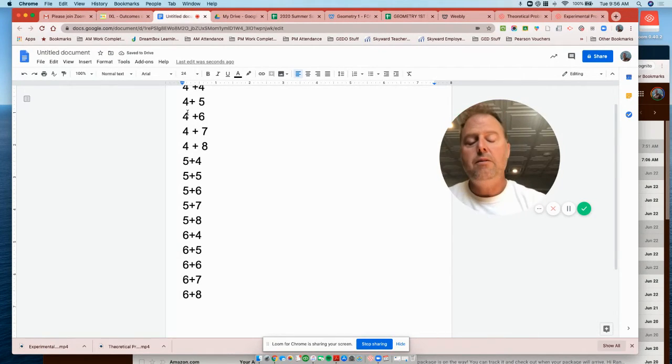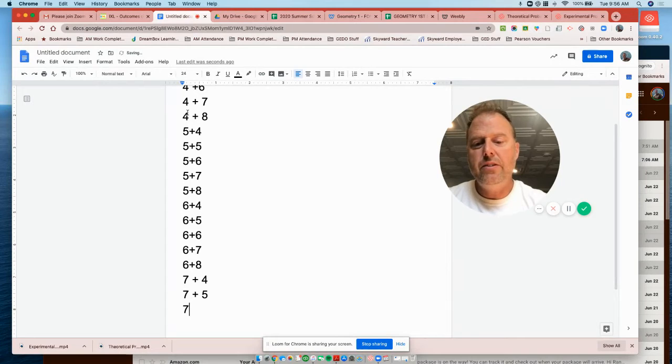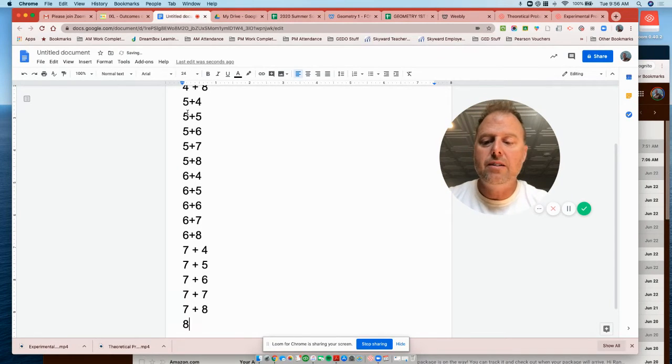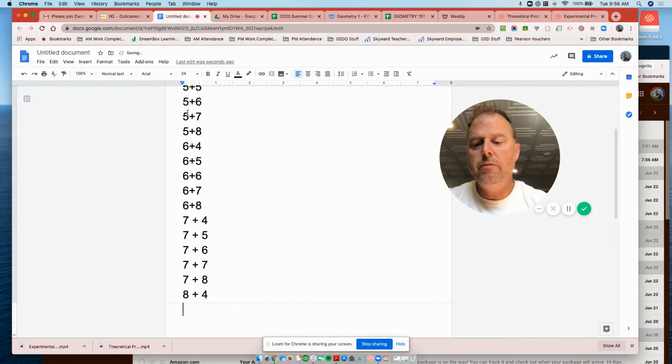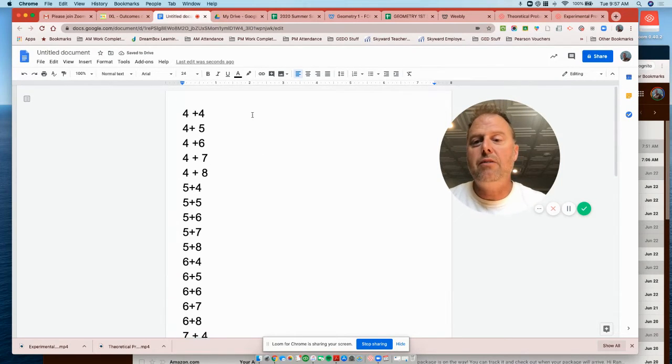We have to do that same thing with 7 and 8. So 7 plus 4, 7 plus 5, 7 plus 6, 7 plus 7, 7 plus 8. And then finally we have 8 plus 4, 8 plus 5, 8 plus 6, 8 plus 7, and 8 plus 8. It is a little time consuming, but now we can at least see what all the outcomes are.